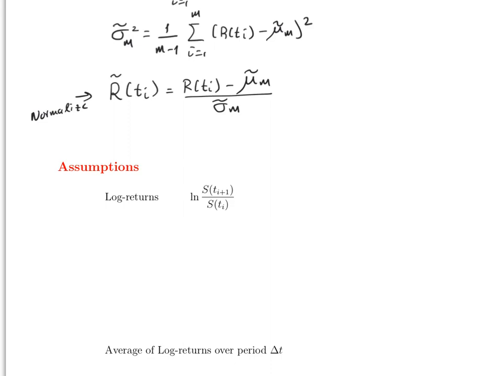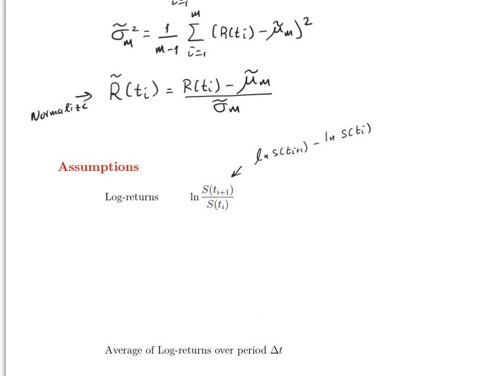So the first thing is you're going to have something that is called the log returns. Remember that this means ln of s of ti plus 1 minus ln of s of ti. So by definition, log returns is defined like this.